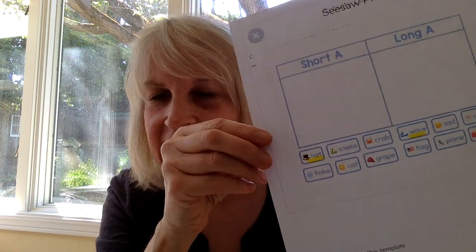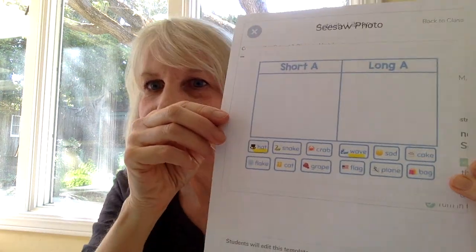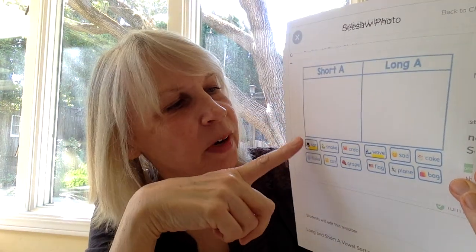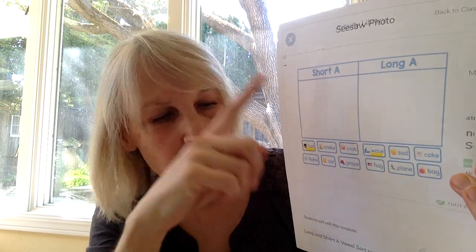There's also a lesson that is about short A sounds of vowel and long A. So you'll see that in Seesaw, and it's going to look like this. What you're going to do is match up, like if it's the word hat, you decide short A or long A. Wave, you decide that too.